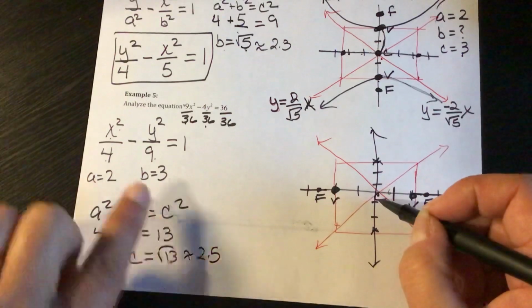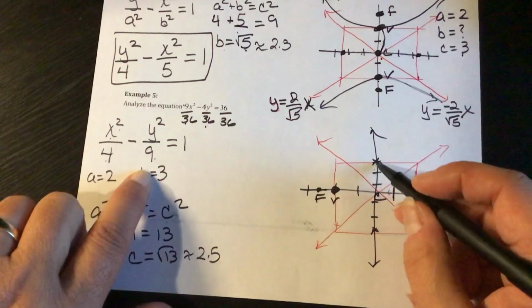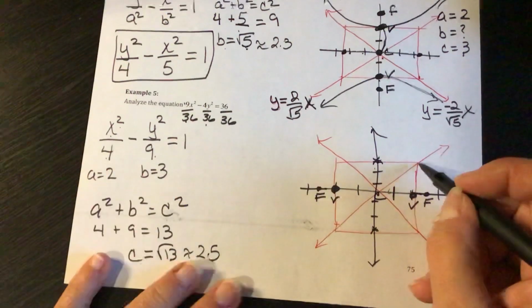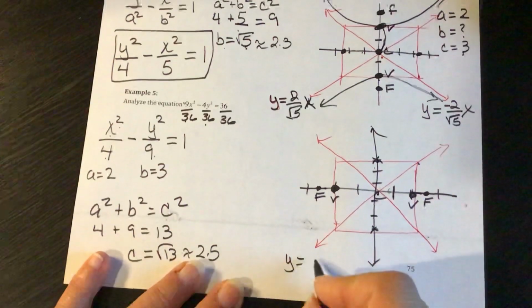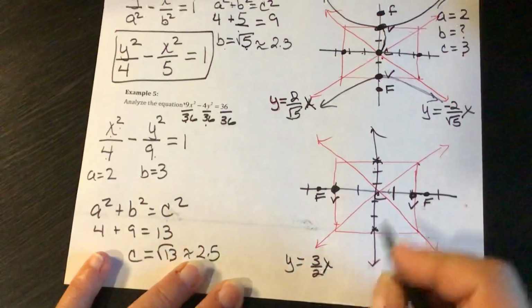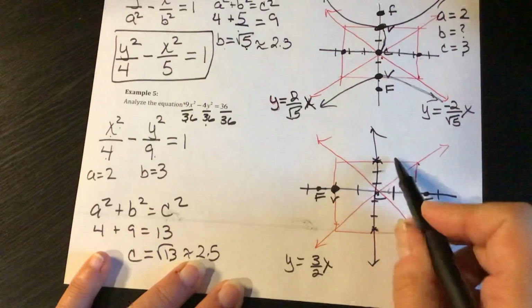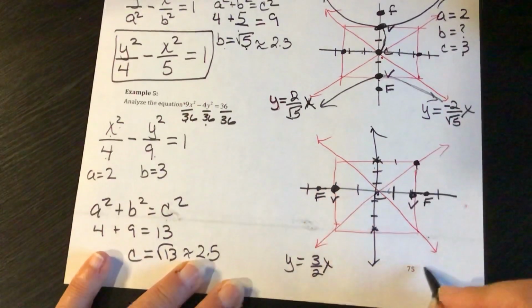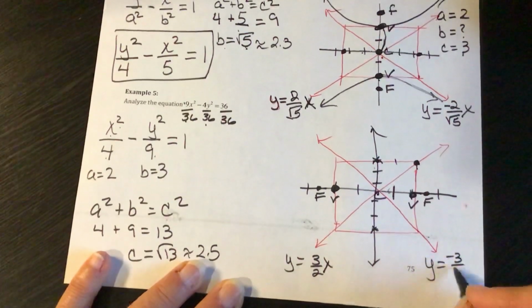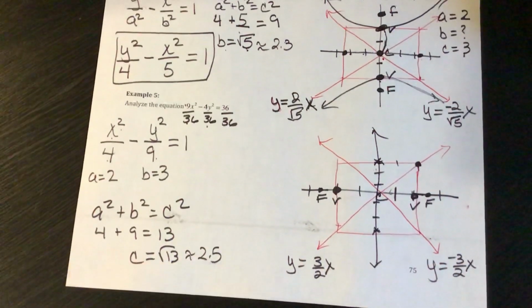My b value is 3. So this is up 3 over 2. So this is y equals 3 over 2 times x, up 3 over 2. So this is y equals negative 3 over 2 times x.